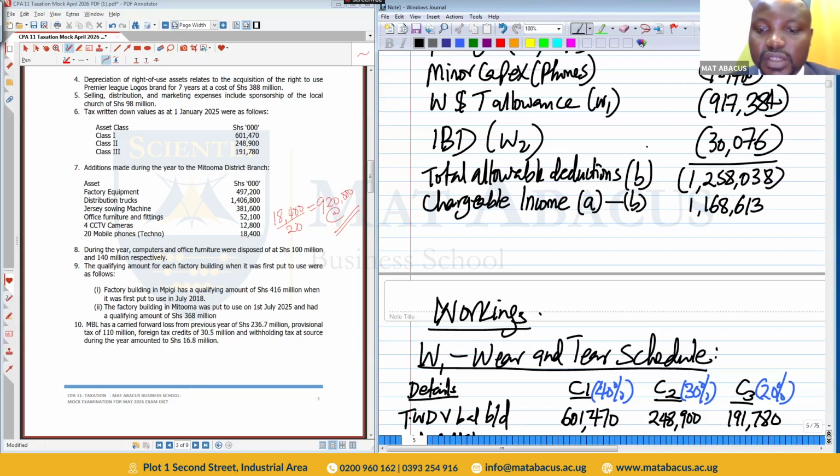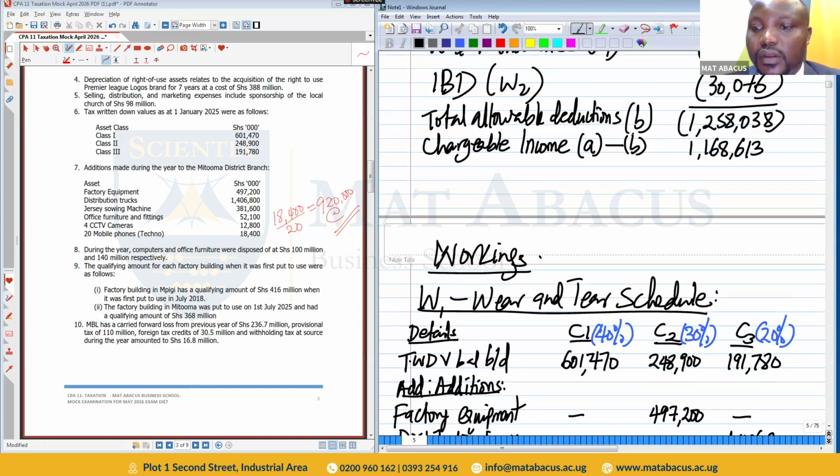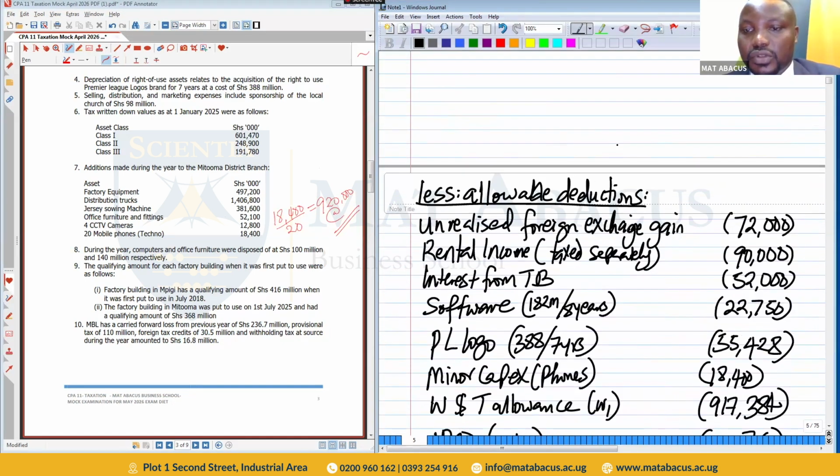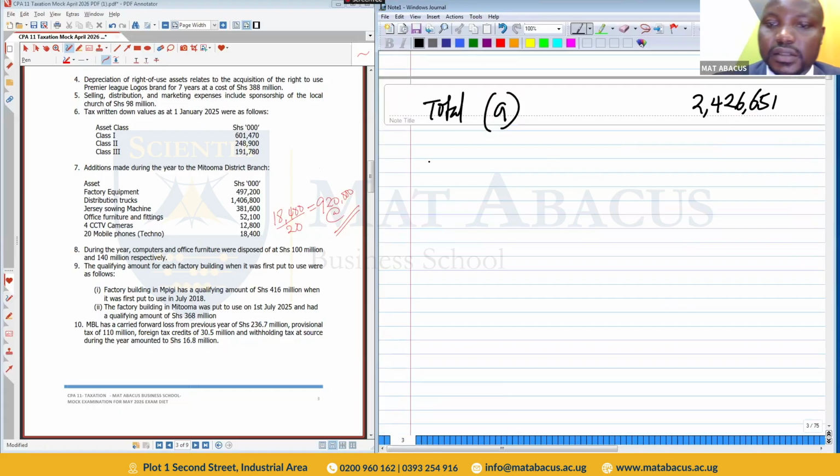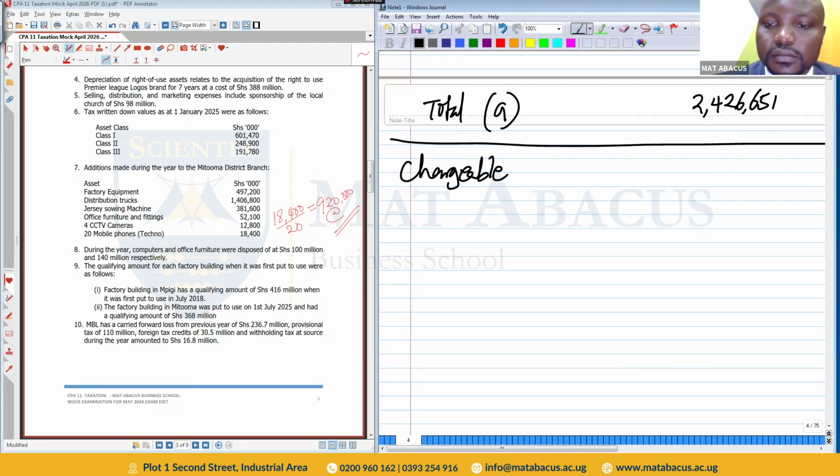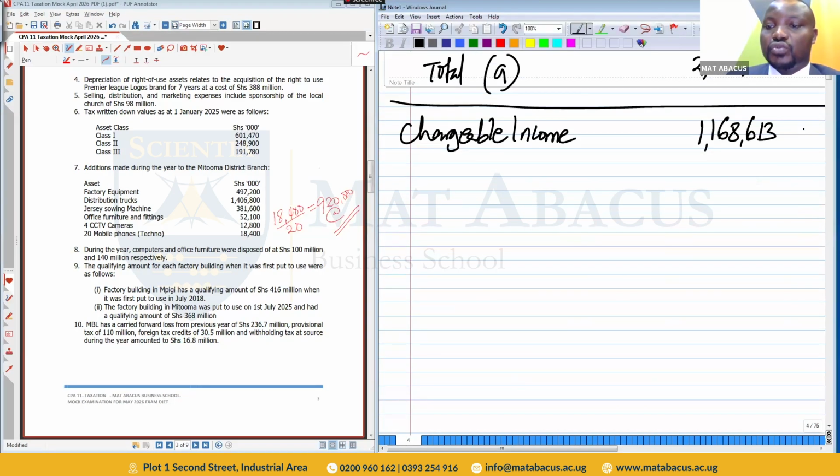Now, after getting chargeable income, I'm going to lift it here. After getting your chargeable income as 1,168,613, then you make adjustments to chargeable income.